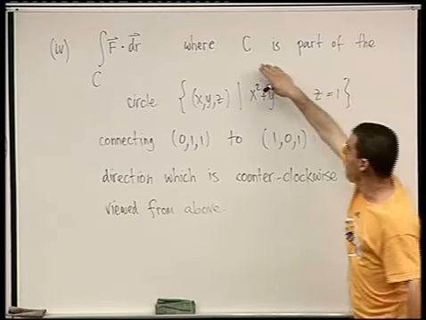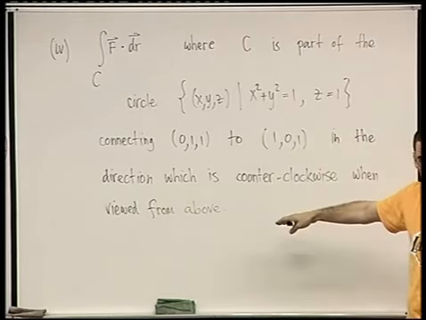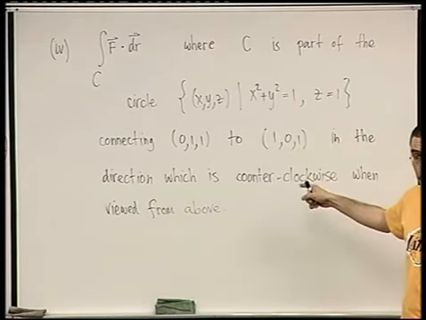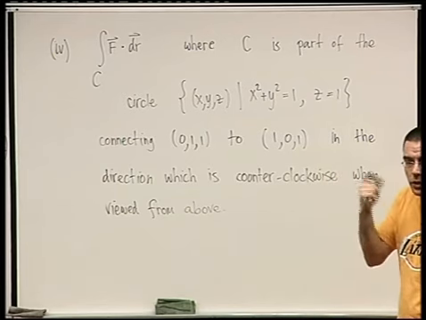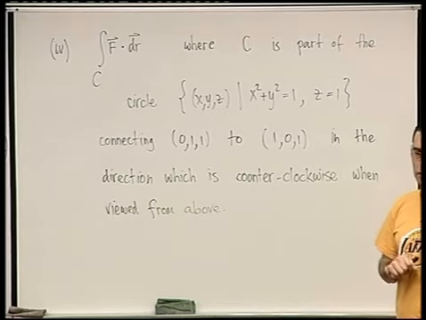Note that saying what C is like takes four lines, and this is an easy example. Some examples tell you a huge story of what C is. The point is, we don't care what C is. Why? Because F is conservative.